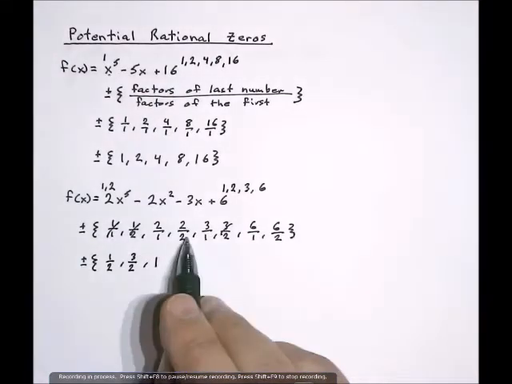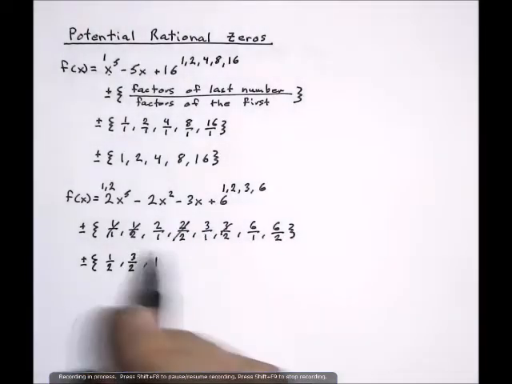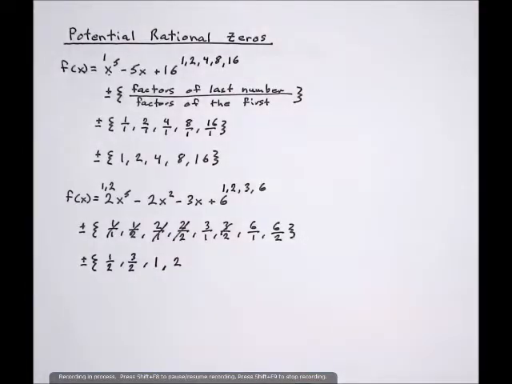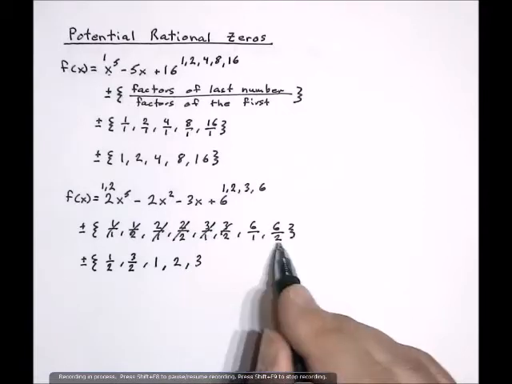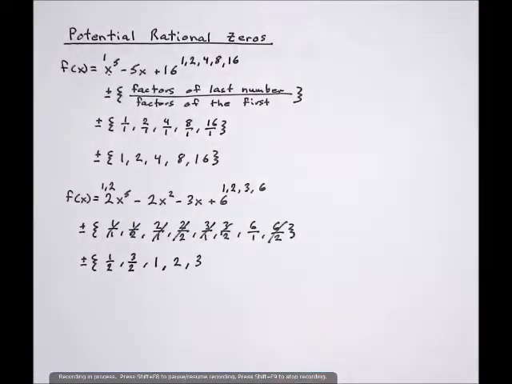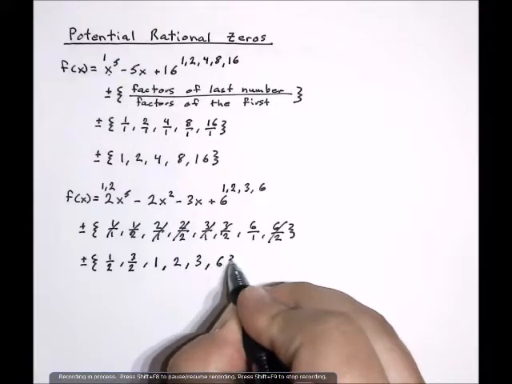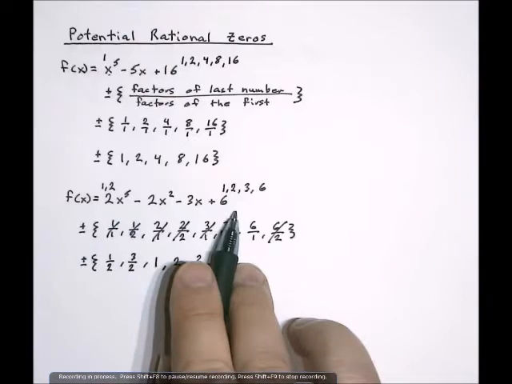But 2 over 2 is also 1, so we'll cross that one off too. Then we have a 2. And then we have a 3. But 6 over 2 is also 3, so we'll get rid of that one as well. And then 6 over 1, or 6. So these are the potential rational zeros for this equation.